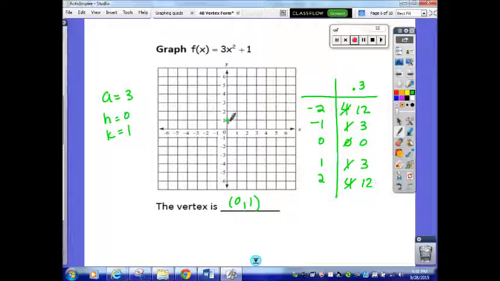So 0, 1 is my vertex. I'm counting. Left 2 up 12 doesn't fit. Left 1 up 3. Right 1 up 3. Right 2 up 12 doesn't fit. So this time I can only get 2 points on my graph. But here again, it's a vertical stretch. We're stretching it by a factor of 3, multiplying all the heights times 3. Here again, make sure you have arrows on the end of your graphs too.